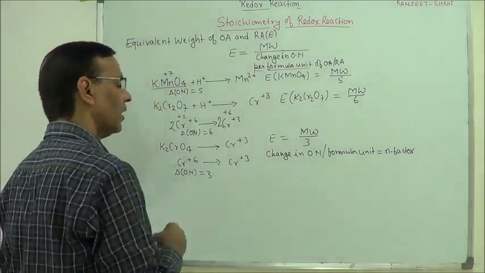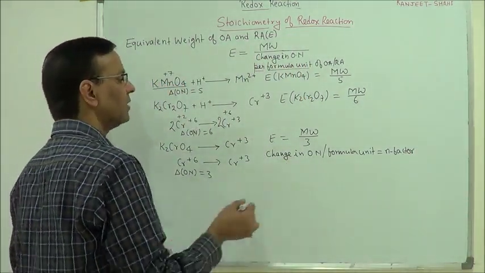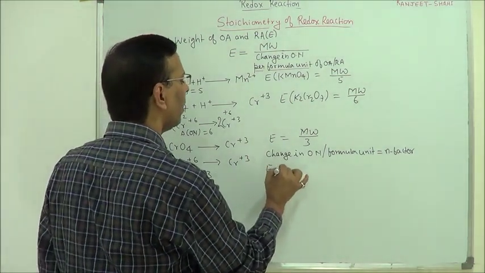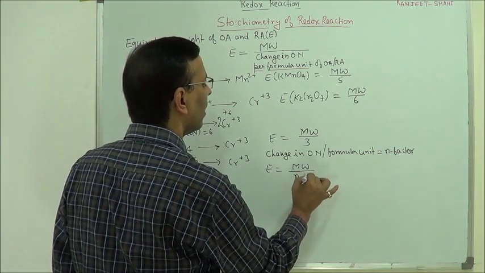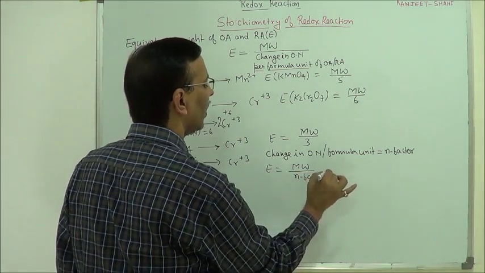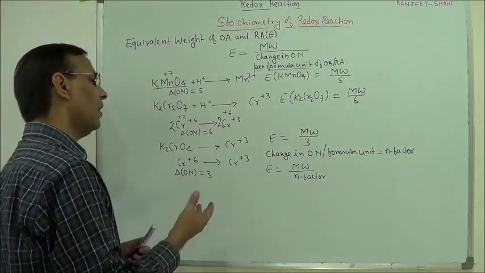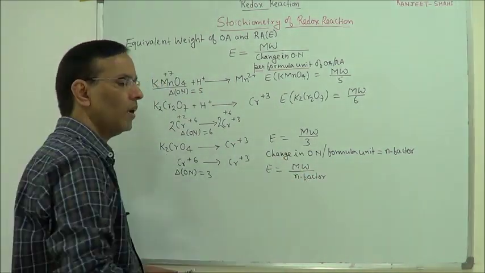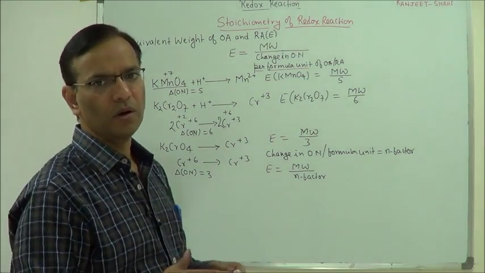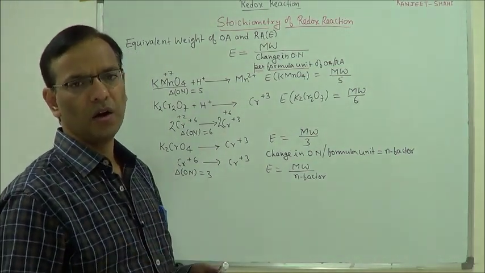So with this we can say that equivalent weight is molecular weight divided by N factor, and N factor is change in oxidation number for one formula unit of oxidizing agent or reducing agent.